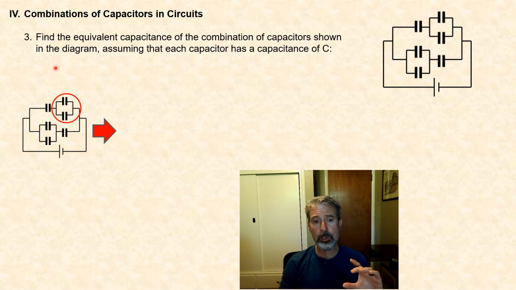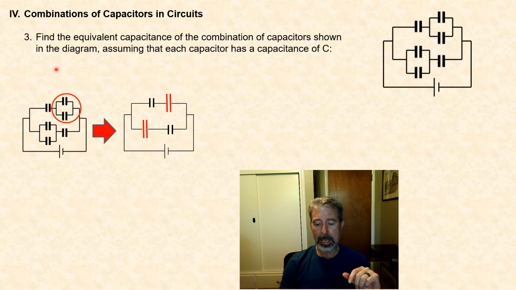I can replace those 2 capacitors with a single capacitor that would have the equivalent capacitance of those 2 in parallel. We know from the previous slide that when you have capacitors in parallel, you find the equivalent capacitance by simply taking their sum. So the capacitance of this single capacitor replacing the combination would be 2C.